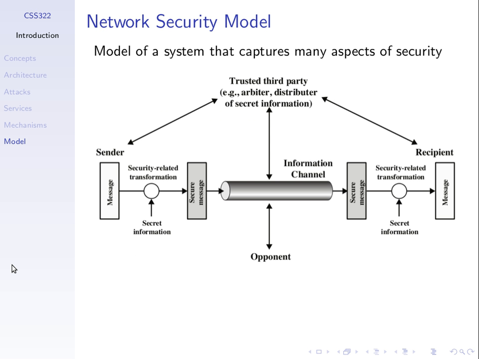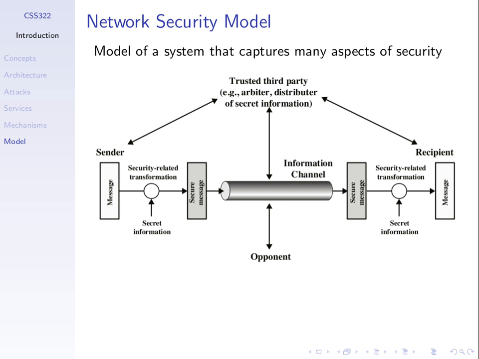When we're talking about providing security in a communication system in a network, we'll normally talk about the different entities and the operations they perform in terms of this model. This captures most aspects of network security. We normally have a message that we want to send, some sender, some source that wants to send that message, there's some recipient. So we want to get the message from the source to the destination. We're going to send it across some information channel, such as the internet or a link.